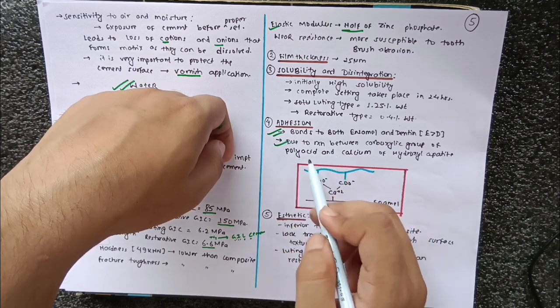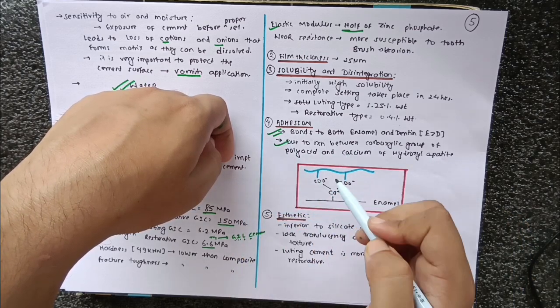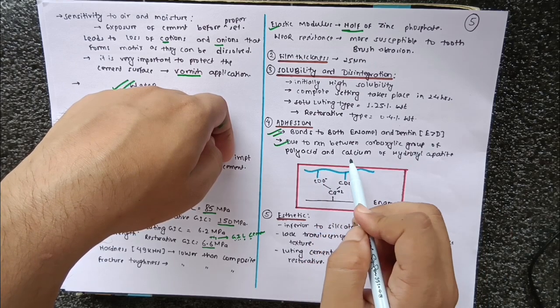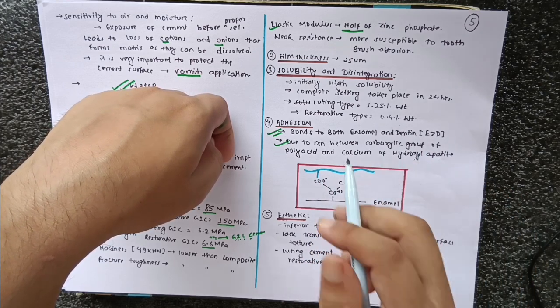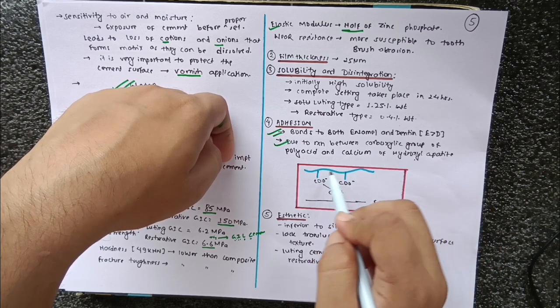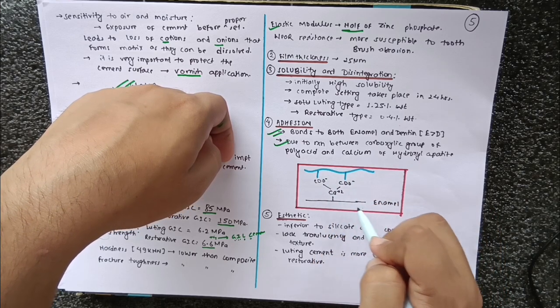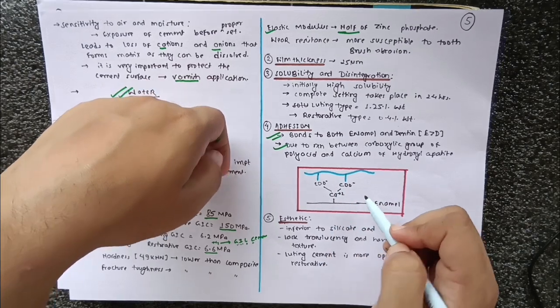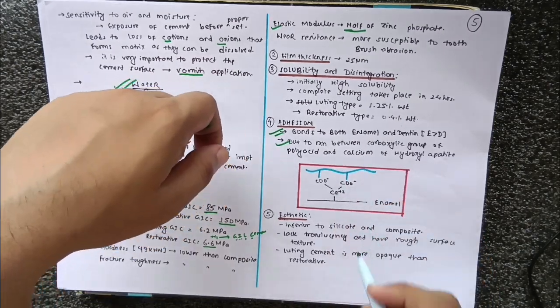I have discussed this in the setting reaction, so the same thing is told here. The carboxylic group of polyacid reacts with the calcium of the hydroxyapatite and also with GIC's calcium. So COO minus of this polyacrylic acid, calcium is present in between, and here is the enamel. In this way bonding is there between the GIC and the enamel.